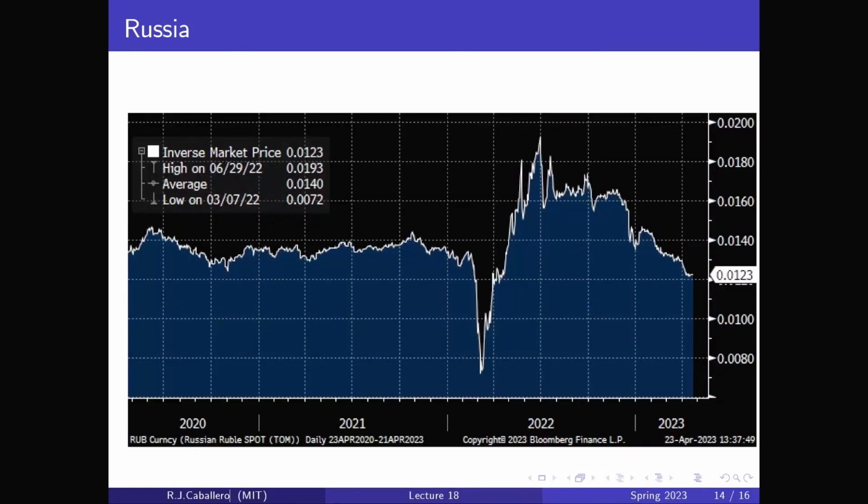Look at this example. This is Russia during the war. This was the ruble, the Russian currency. And when they invaded, of course, the currency collapsed. This period is a little longer than you think, but it collapsed for quite a while.